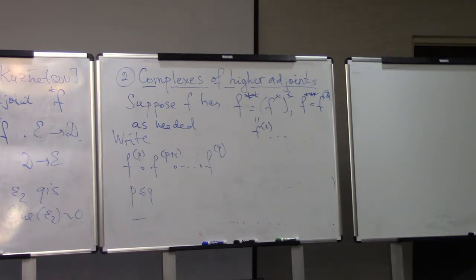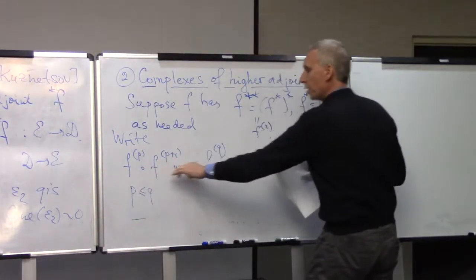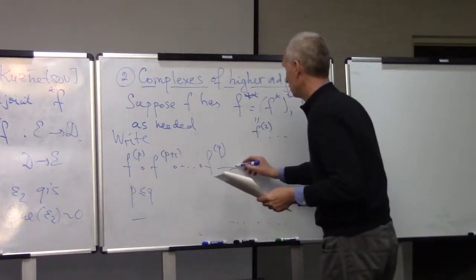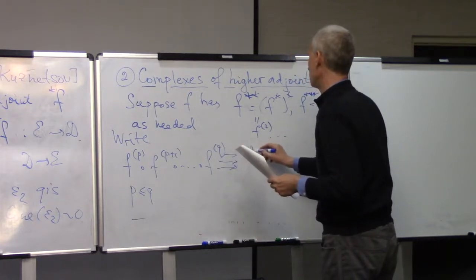We contract either this to identity or this to identity. So here there are several ways of contracting. We can contract this pair, this pair, this pair, and get some smaller compositions. So, many contractions.